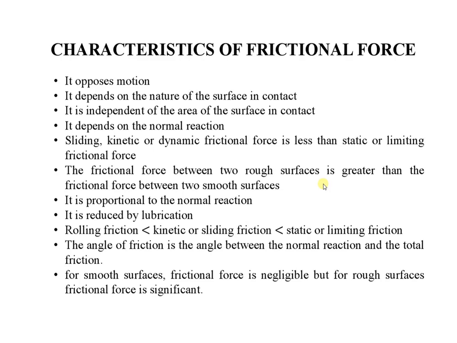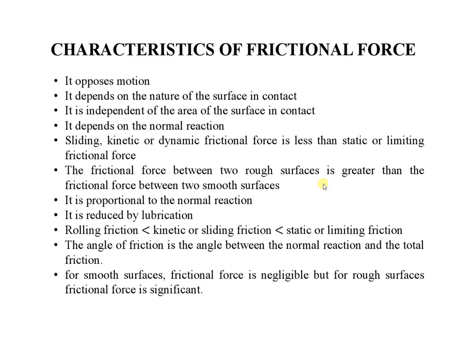Next, the frictional force between two rough surfaces is always greater than the frictional force between smooth surfaces. It is proportional to the normal reaction. In other words, frictional force depends on the normal reaction. It is reduced by lubrication. That is the reason we lubricate moving parts of an engine, in order to reduce the frictional force between the parts.